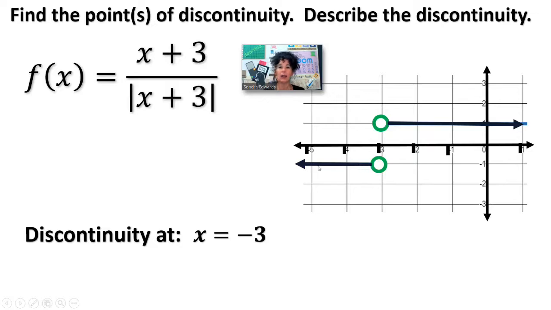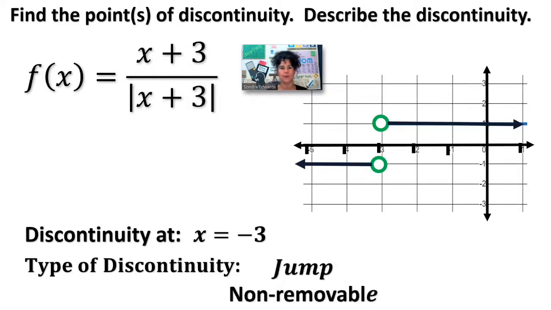No matter what number I substitute in to the left of -3, the answer to this is -1. So that's why we have a break at -3. And so a break is called a non-removable discontinuity because we have a break, a jump. And so we have identified the discontinuity here and classified it.